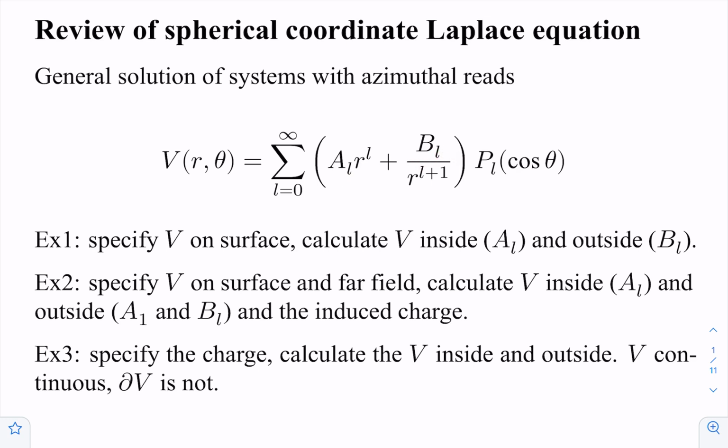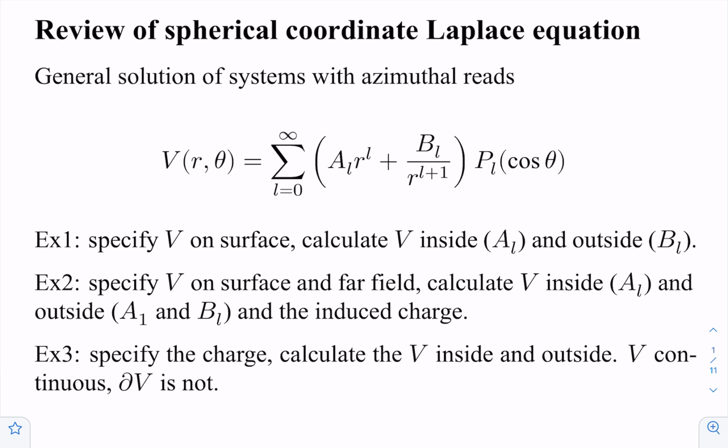First, we say that V itself is continuous, and that gives us one equation relating the AL and BL. And then we say that the derivative of V is not continuous, and the discontinuity is determined by the charge on the surface.